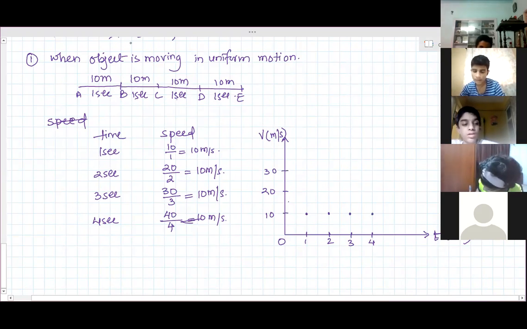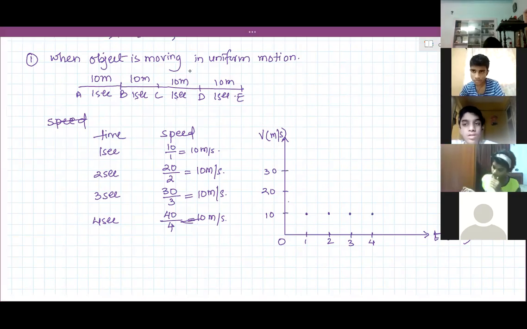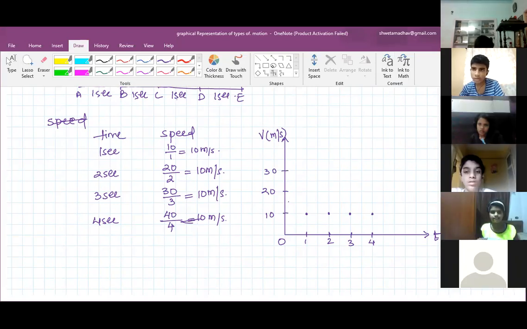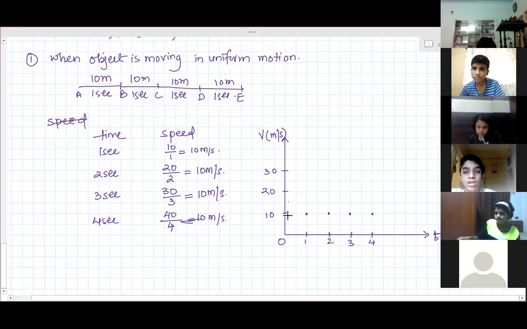So when we join these points, what will we get? A straight line parallel to the x-axis. Clear?